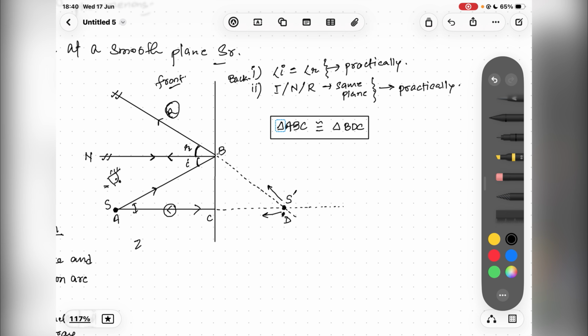And by this result, we can say that the distance AC is equal to the distance CD.